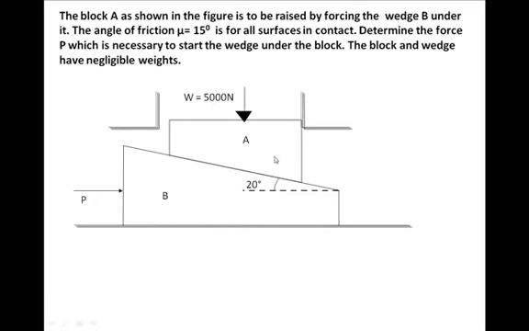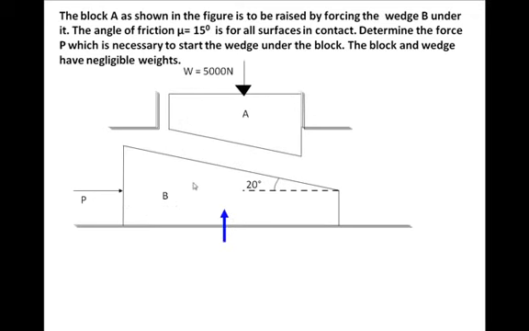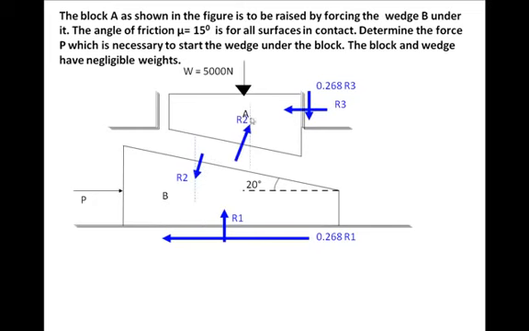Let's move this up for clarity and concentrate on wedge B. The reaction R1, this force P, friction: tan 15 is 0.268, so friction is mu R. Then this reaction R3, then friction here will be down. Then the reaction on B from A, and the reaction on A from B, both R2, and the corresponding friction directions. This covers all the forces.